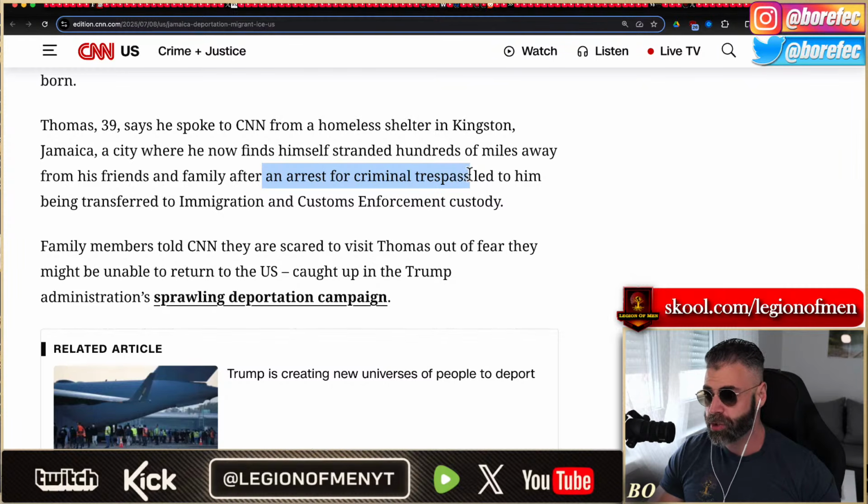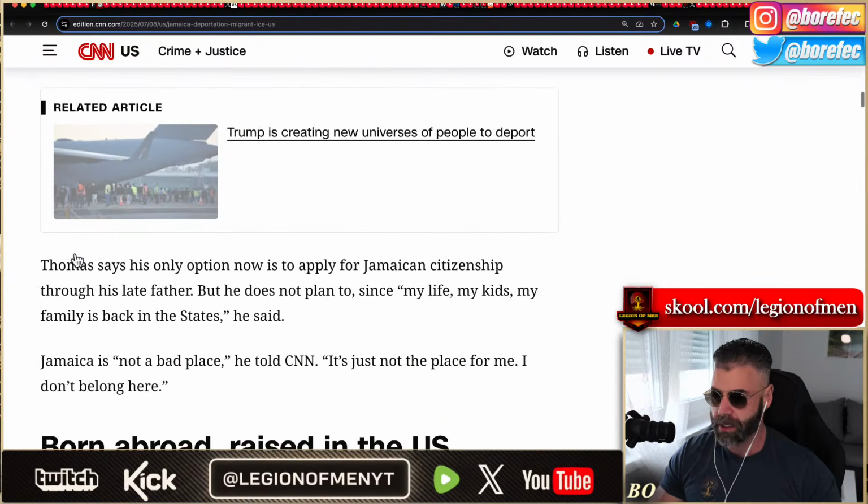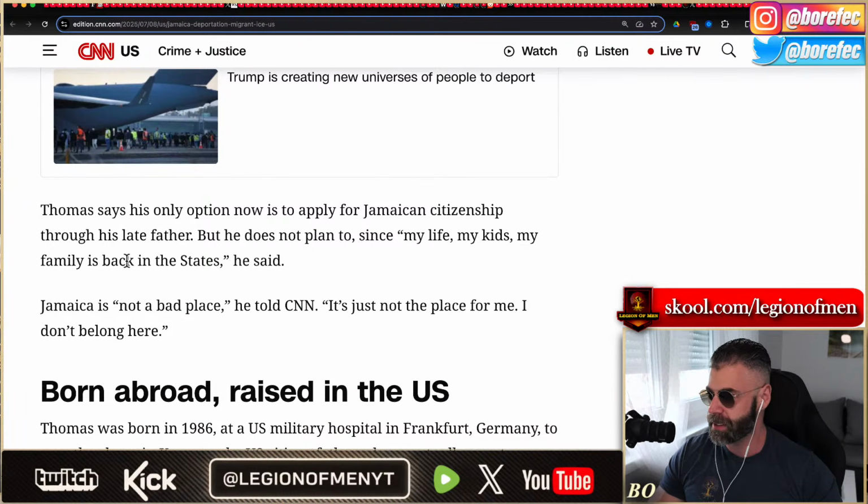Arrest for criminal trespassing. Wait a second, what's happening here? Family members told CNN they're scared to visit Thomas out of fear they might be unable to return to the U.S. What? Caught up in the Trump admin's sprawling deportation campaign. Story's starting to get weird, isn't it, CNN?